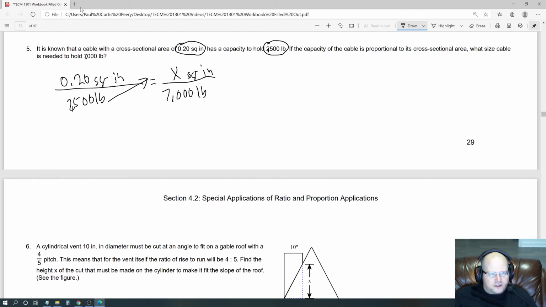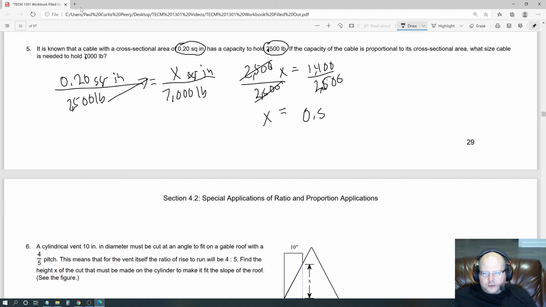So 2,500 times x, which is 2,500x, and then we have 0.2 times 7,000, which should give us 1,400. Then we divide both sides by 2,500. The 2,500 cancels out, giving you 0.56 square inches.